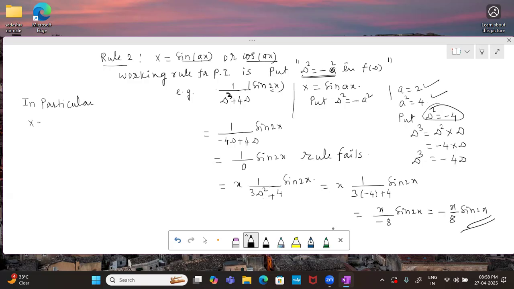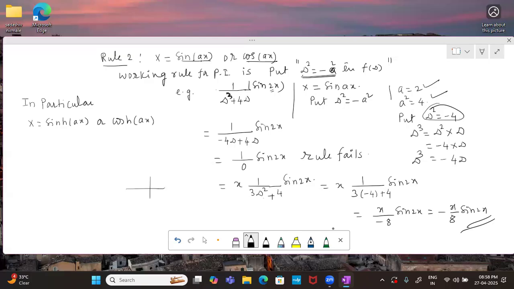when capital X is hyperbolic sine ax or hyperbolic cos ax, or cos hyperbolic ax. These are the hyperbolic functions which are identical in all respect with the trigonometric functions. The only difference is trigonometric functions are called circular functions because they represent the point on the circle.